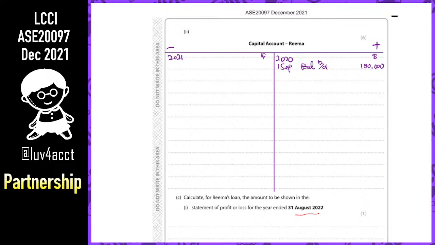And at the end of the year, 31st August, first of all, you have a transfer from the current account of RIMA. How much? 21250.